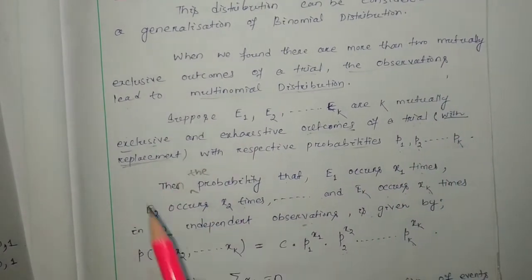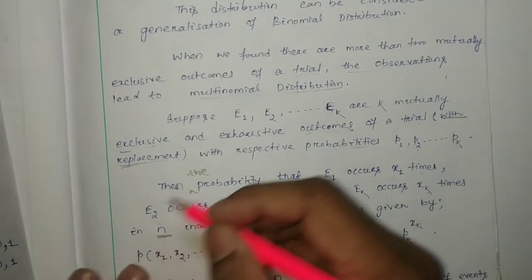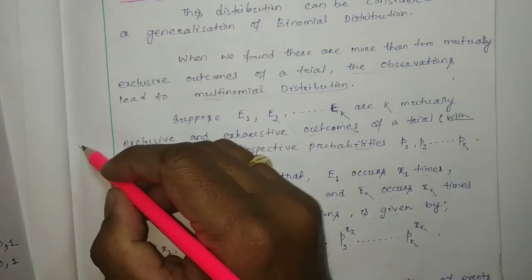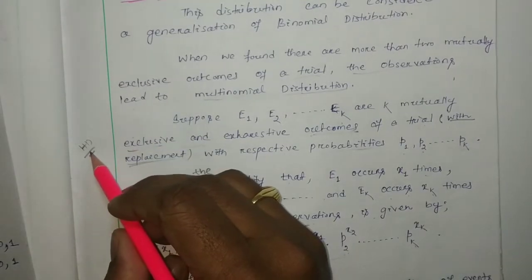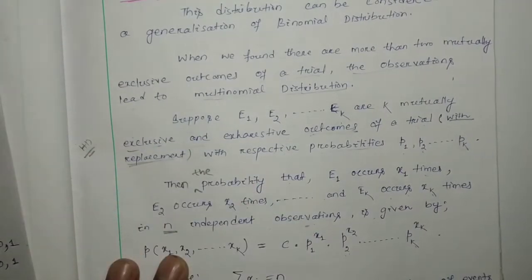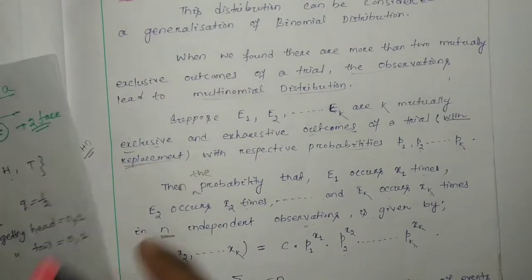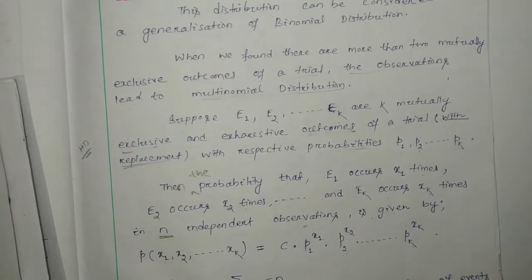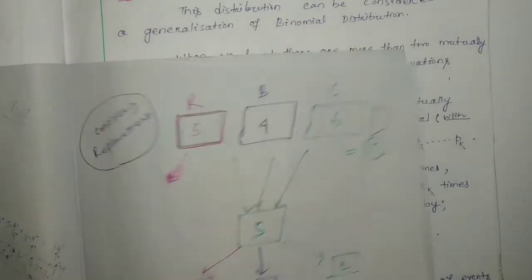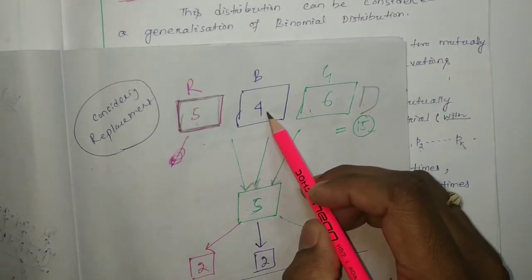For some other example I will give you, we will consider with replacement. Recall the hypergeometric distribution we discussed in previous classes: there we consider without replacement, but here we have to consider with replacement. Suppose a large bag has five red balls, four blue balls and six green balls.